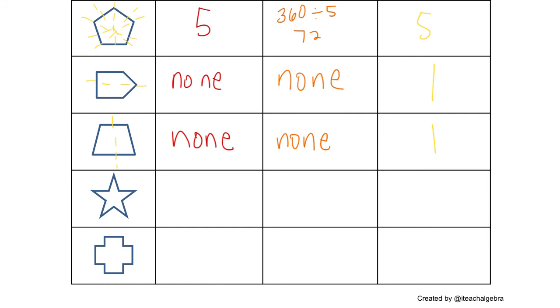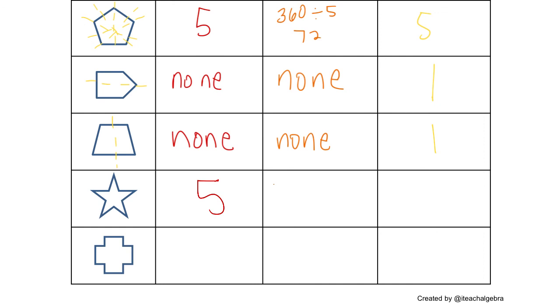All right, the star is special because all of the vertices, all the outer points, are right across from endpoints on all of the points of the star. So that means I can take each point and rotate it around and get the exact same shape. Since this has 1, 2, 3, 4, 5 points, that means my order is 5.